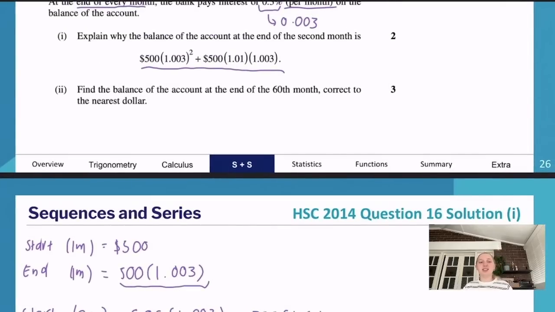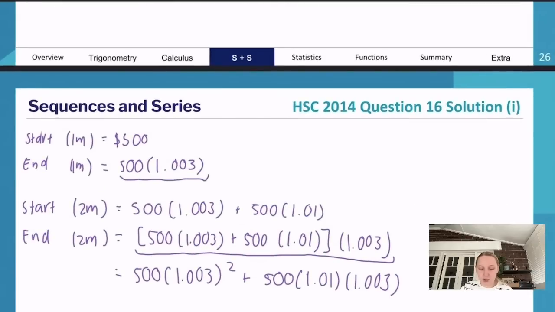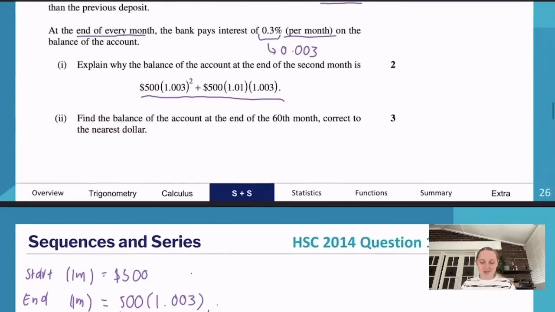With these sorts of questions, if it's only 2 or 3 months that you're looking at, the easiest way to do it is to just look at what would happen at the start and the end of each of the months. Okay, now this is the really hard part. Find the balance of the account at the end of the 60th month, correct to the nearest dollar.